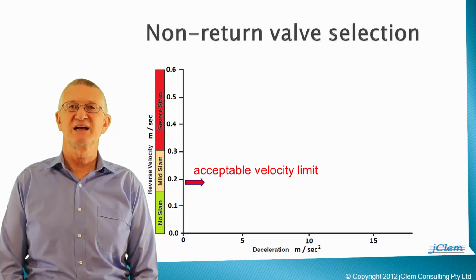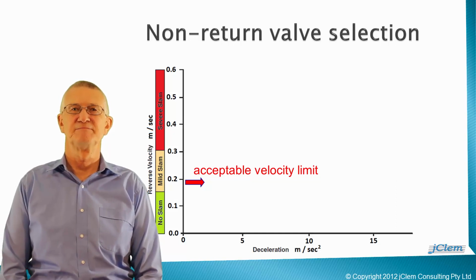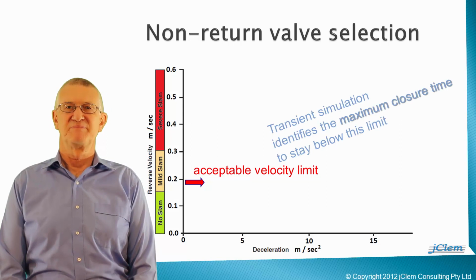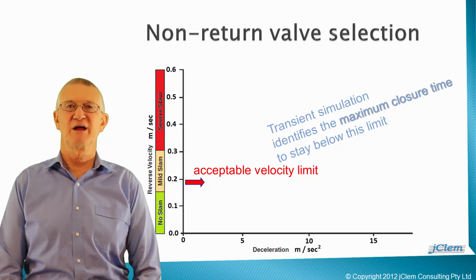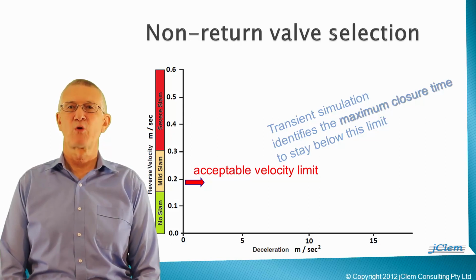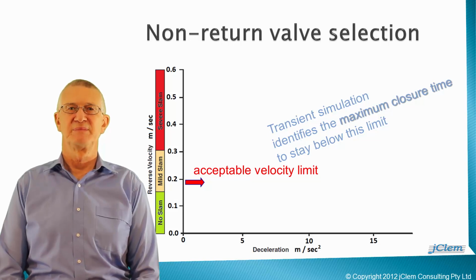So here we have started by specifying a design target for the maximum acceptable reverse velocity, 0.29 meters per second. At the same time, these transient scenarios should have identified the maximum closure time that can be tolerated to keep the maximum reverse velocity below the design target. Let's assume the analyses identified 0.3 seconds as the maximum closure time.